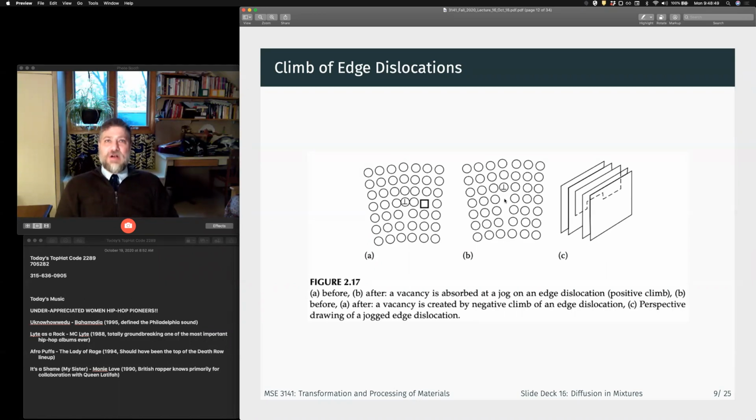So 10 to the 12th is about the distance from the Earth to the sun. 10 to the 16th is a little bit less by a factor of 2 or maybe 3, but not a full order of magnitude, the distance from the sun to the next nearest star. Right? So we're talking the amount of dislocations in a metal is actually like astronomical numbers.